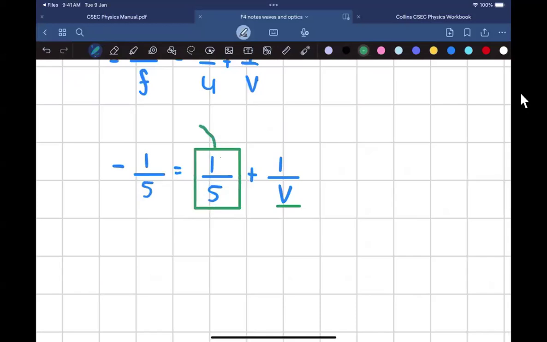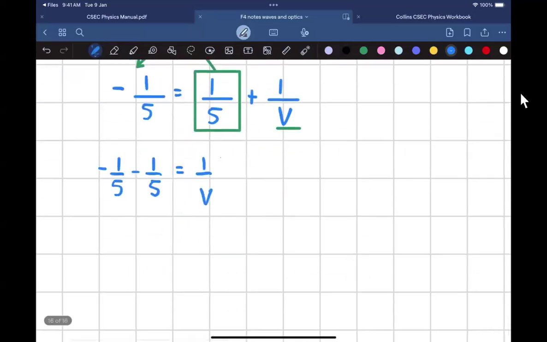If you move something across, what happens to the sign? It changes to negative. Correct. So tell me what to write on the left-hand side. Minus 1 over 5 minus 1 over 5 equals 1 over v. Perfect.